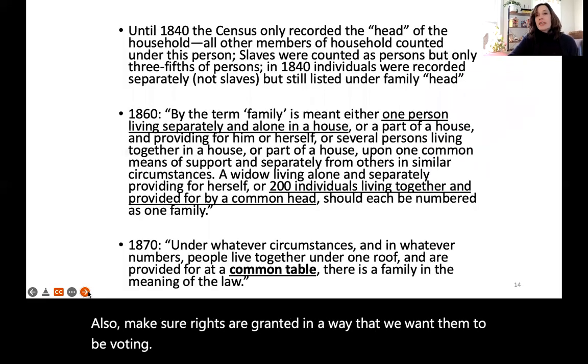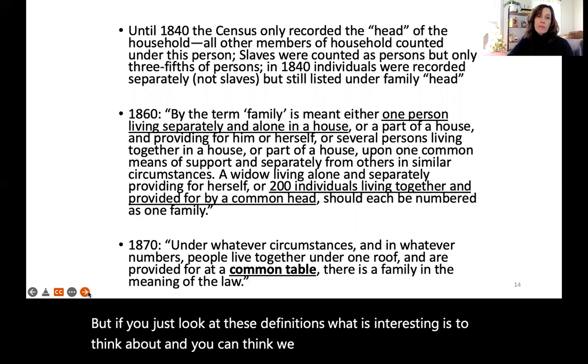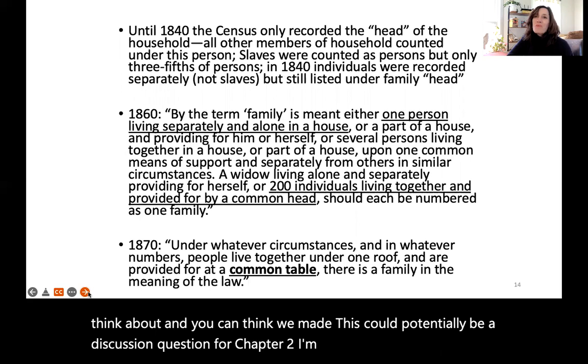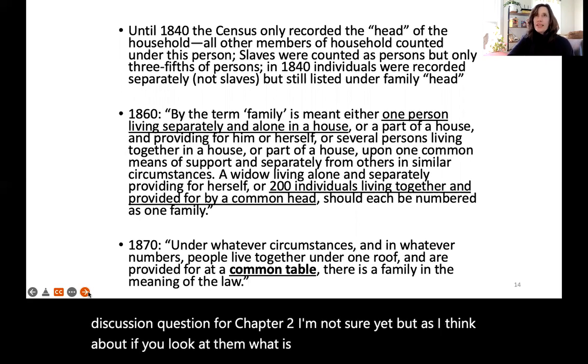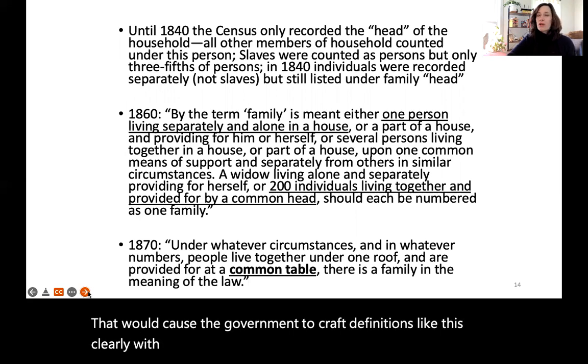But if you just look at these definitions, what is interesting is to think about, and this could potentially be a discussion question for chapter 2, I'm not sure yet, what is going on in society that would cause the government to craft definitions like this? Well, clearly with the 1841, slavery was still legal in the United States.